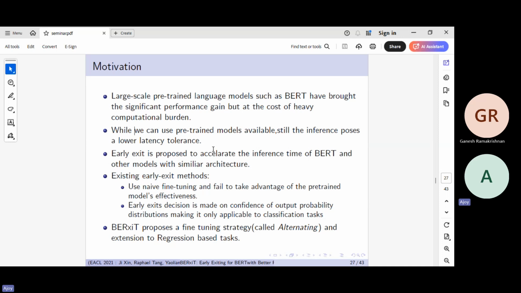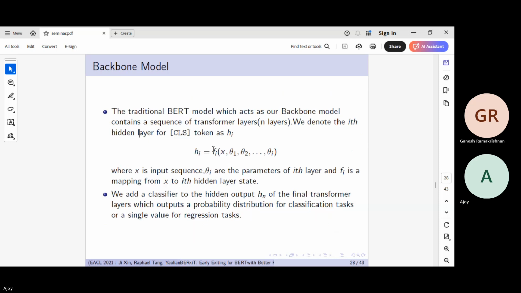So in this paper we propose a new fine tuning strategy to train the weights, and we also extend the support from classification to regression based tasks as well.